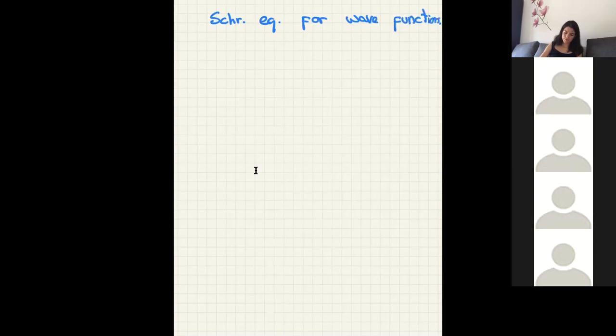For the position wave function, what we mean by this is we need to take, sorry, i h bar d/dt of psi, and let's put here the dependence on t explicitly.